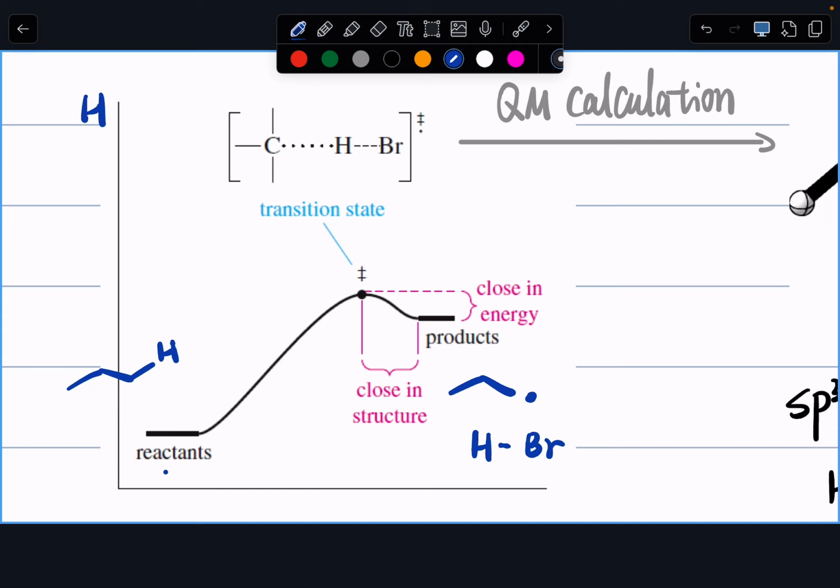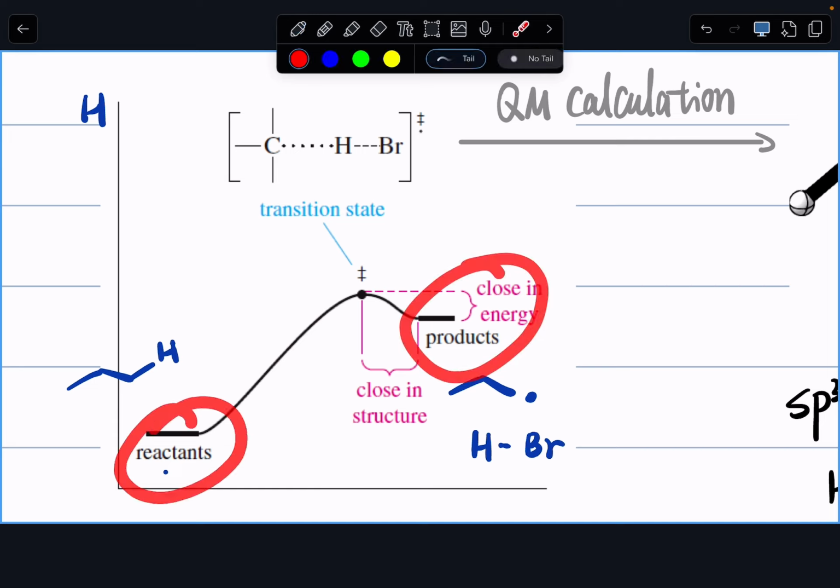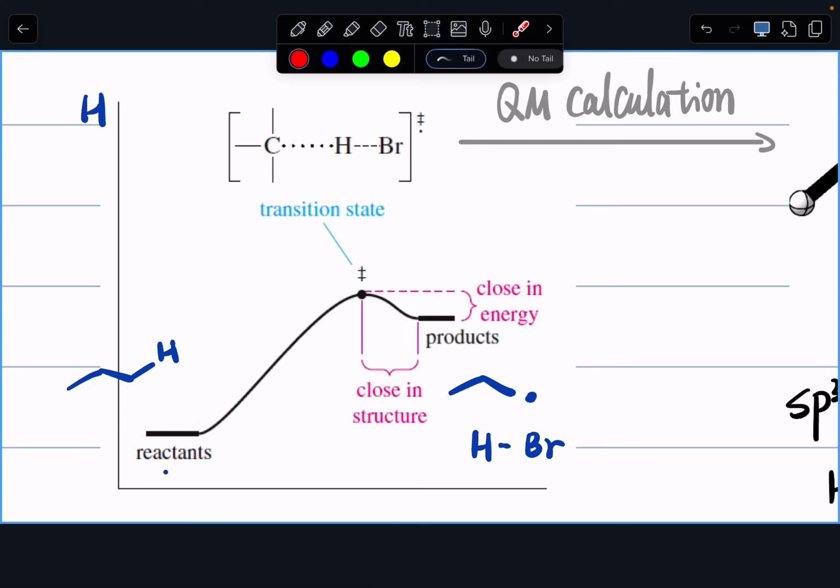Let's not worry about selectivity at the moment; we'll apply the selectivity later on. For this endothermic reaction, my product is higher in energy than my reactant, thus my transition state. As a transition state, it needs to be higher in energy compared to both your reactant and product, right? So my transition state will be closer in energy to my product because this is an endothermic reaction.